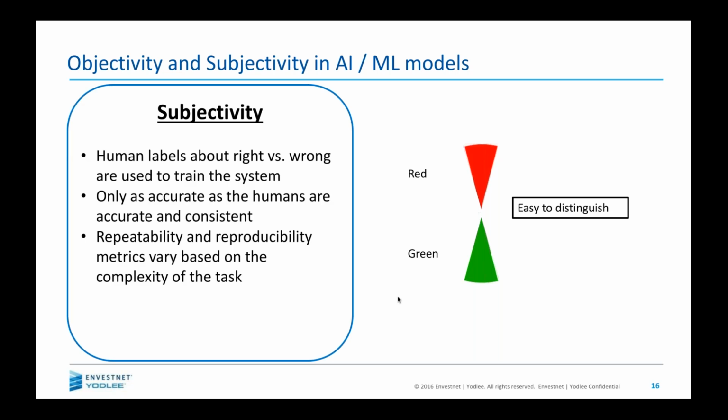But remember that the machine that you're training will only be as accurate as your data is consistent. And so that's why there is a whole field of research called R&R, or not roles and responsibilities, but repeatability and reproducibility. So what does repeatability mean?